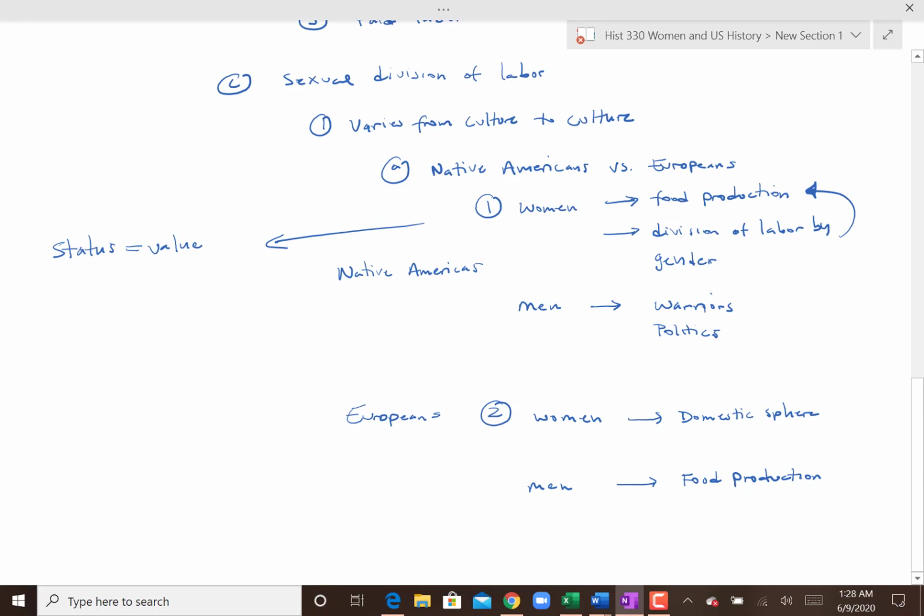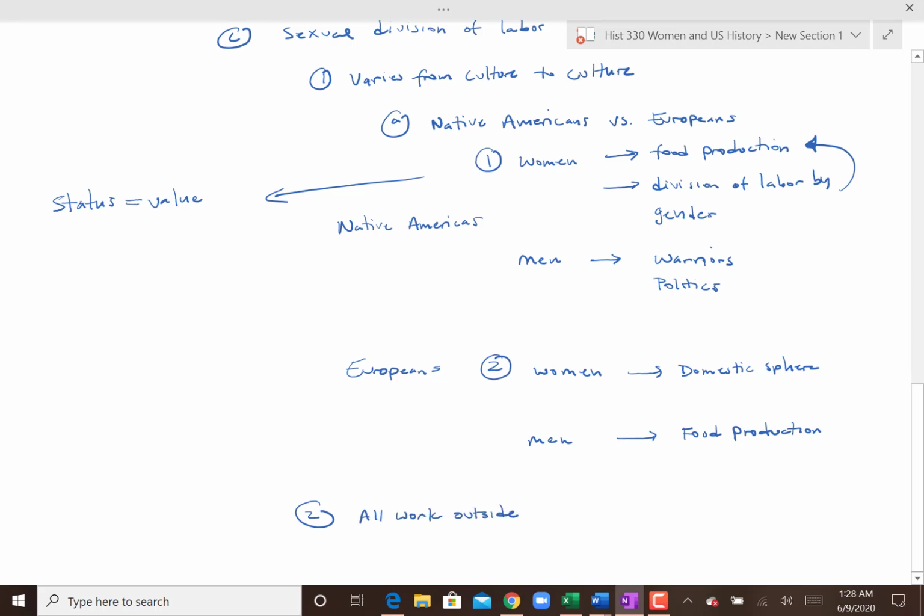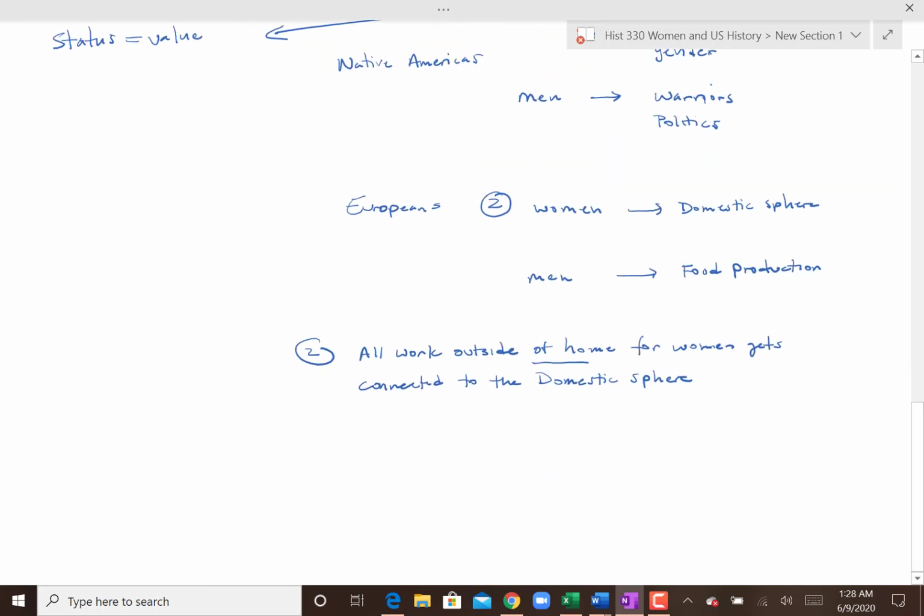And then the other part of sexual division of labor, which I mentioned, the domestic sphere, is that all work outside of the home, obviously in the home, for women, gets connected, we'll say, to the domestic sphere. So obviously this happens with women working in the home.